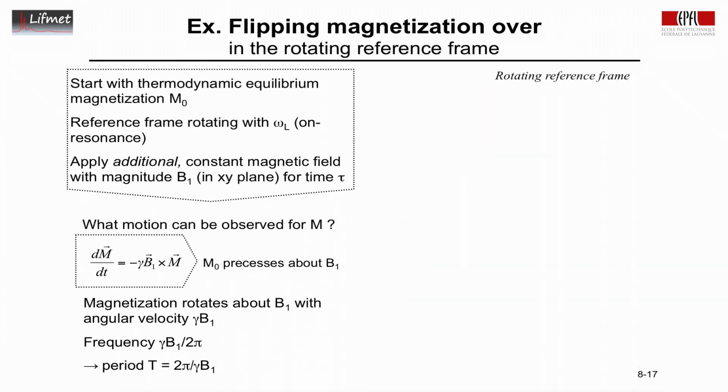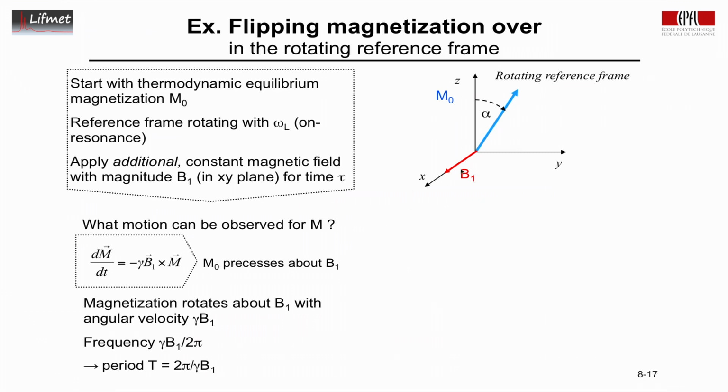So let's visualize this. We're in the rotating reference frame. We have our coordinate system in the rotating reference frame. We have this constant B1 in this rotating reference frame. We have the equilibrium magnetization M0, and now we have applied this B1 for a period of tau. After this time tau, the magnetization M0 has precessed about B1 by an angle alpha.